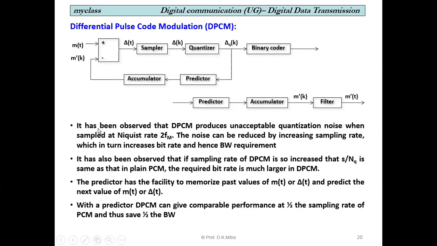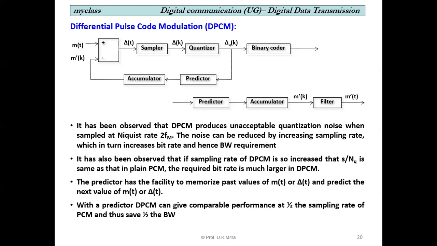Above, in the first point and second point, we said DPCM gives more noise, and to reduce the noise or at least to maintain the noise at the PCM level, you need higher sampling rate, higher bit rate and higher bandwidth. But lastly, it said, if you use a predictor which predicts the possible next sample value, it has been found that half the sampling rate of pulse code modulation is required.